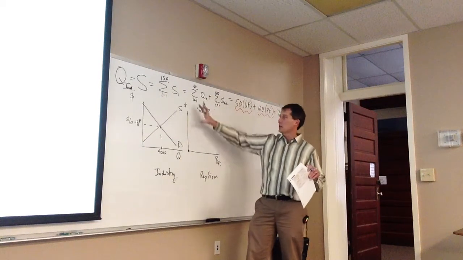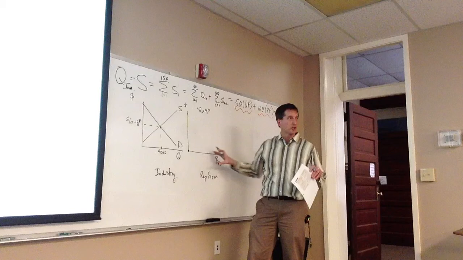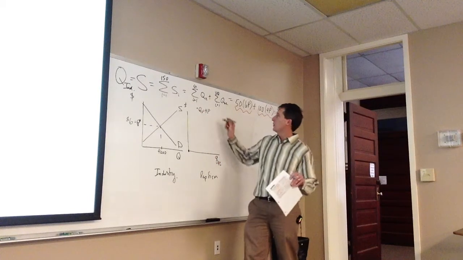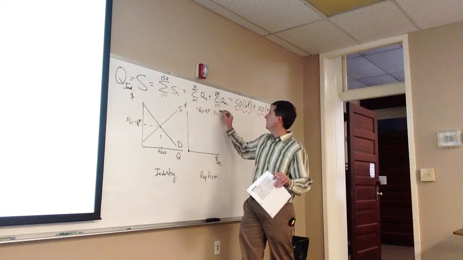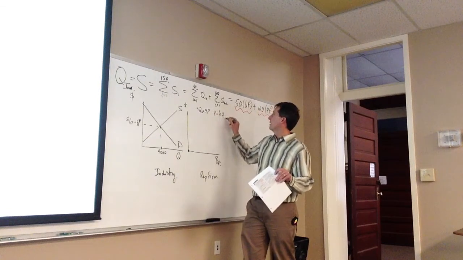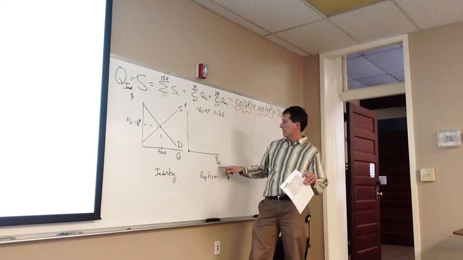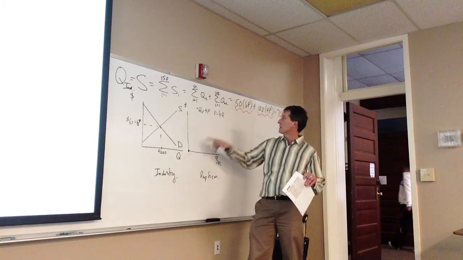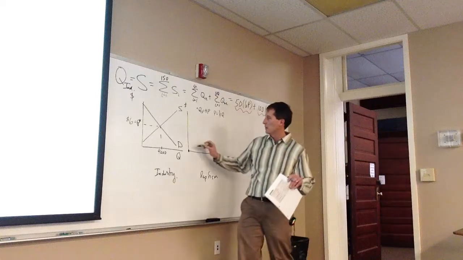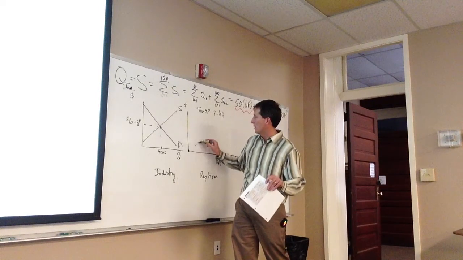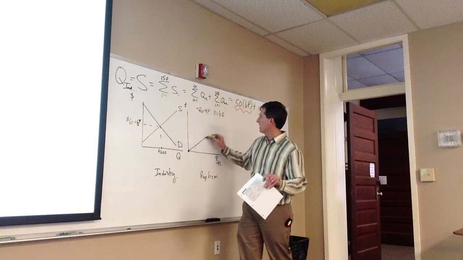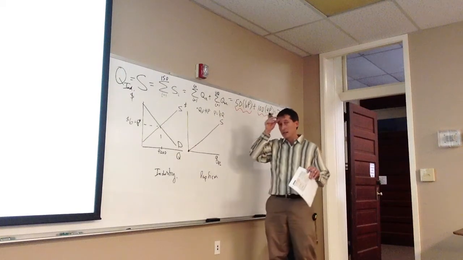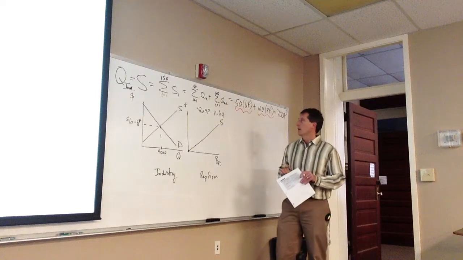And when we graph it in this space, due to Alfred Marshall's historical accident of putting P up here and Q down here, we have to put it in the form of the inverse supply function, which looks like this, so that the horizontal axis variable is over here. It still starts down here, rise over run is 1/4. So up 1 over 4, up 1 over 4, whatever that would look like. And there's our supply curve for the high cost company.